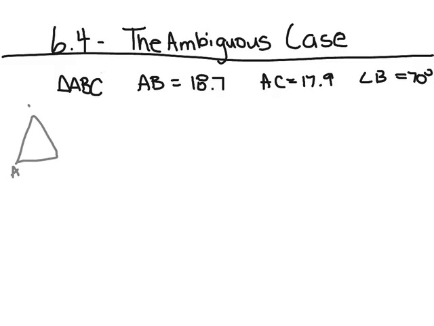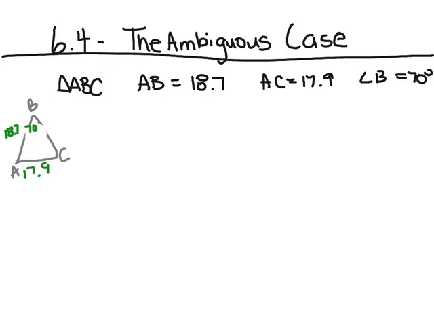So we have A, B, and C, and we know angle B is 70 degrees. So angle B is 70, AB is 18.7, and AC is 17.9. So we want to find all of our missing lengths.